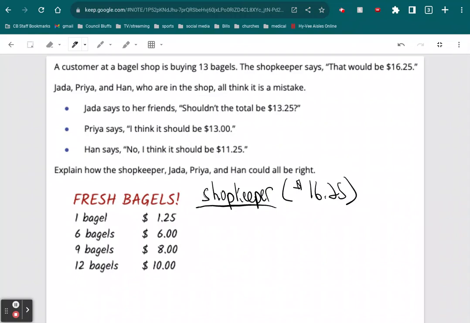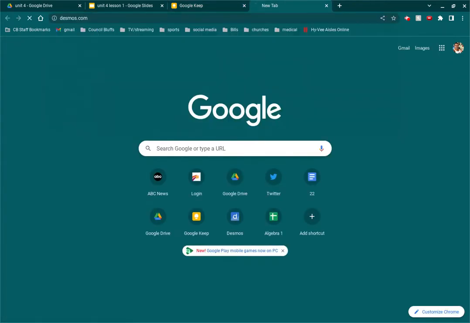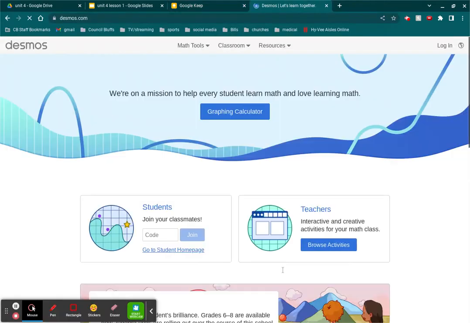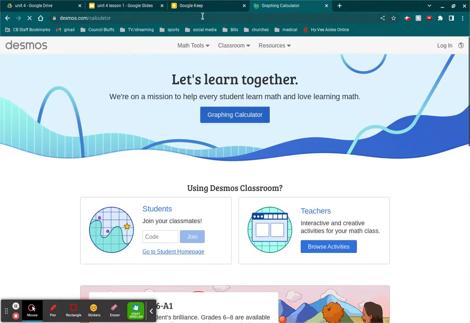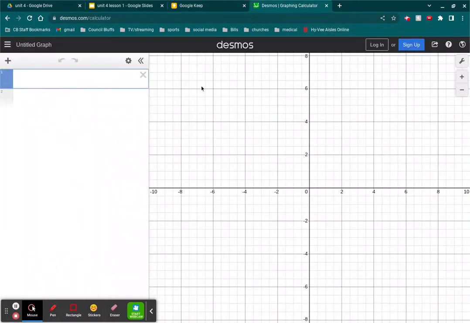So what we want to do is see how it would be possible to get $16.25 based on these prices here. So what I'm going to do is first check the price of one bagel. So let me pull up Desmos on my computer here. Okay. So on this, we're told that the price of one bagel is $1.25, and they bought 13 bagels.